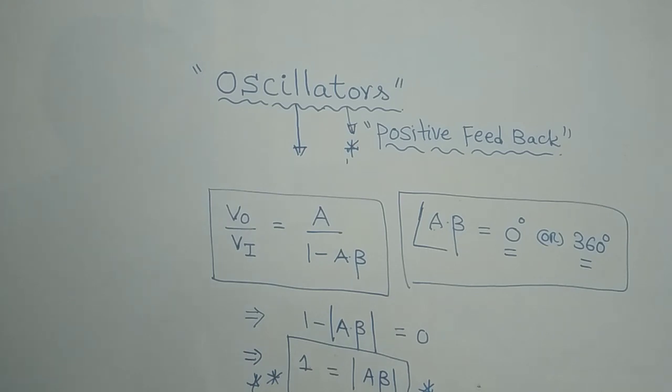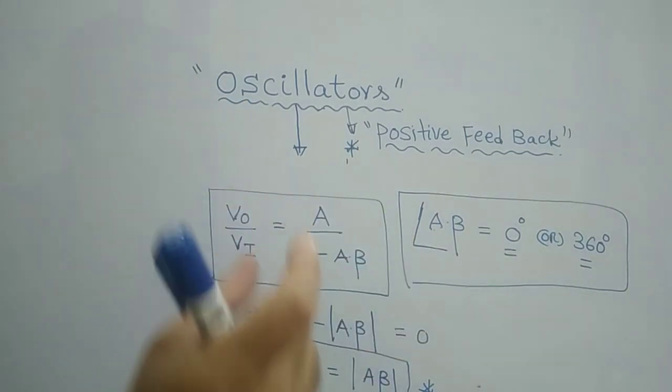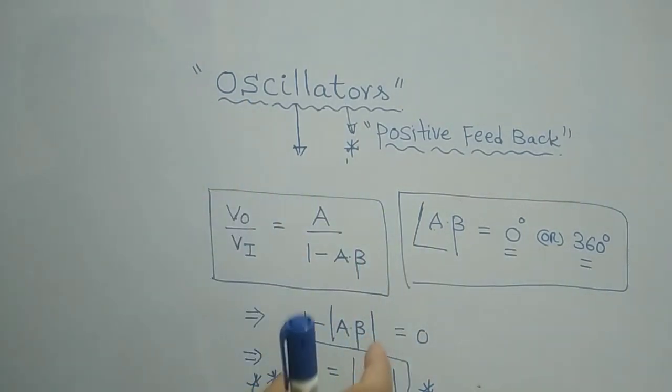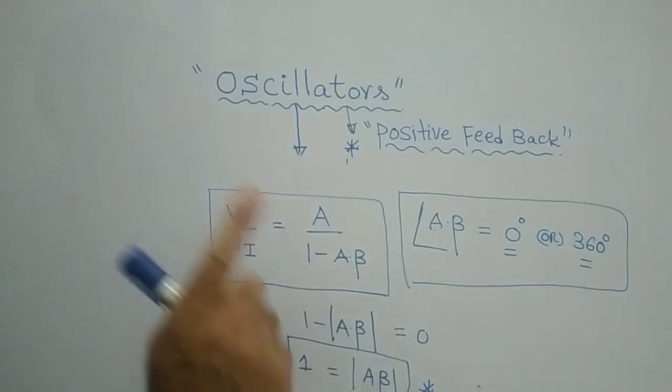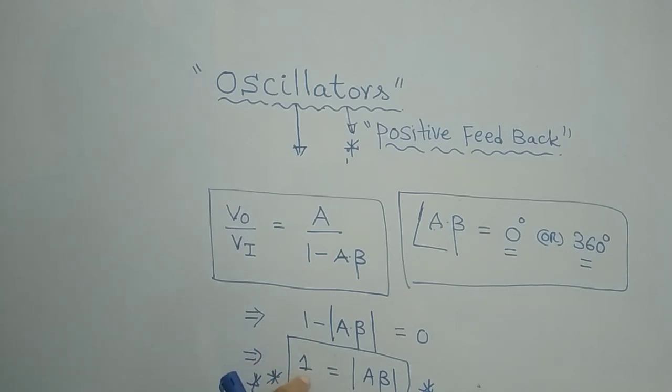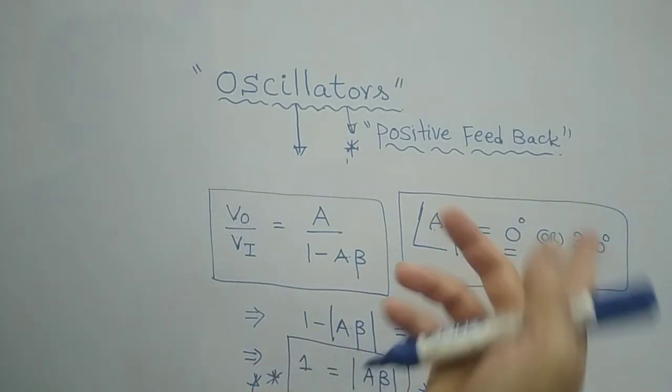What is the Barkhausen criteria? The criteria says that the product of the amplifier gain and feedback gain must equal 1. So you must select the gain of the amplifier as well as the gain of the feedback factor in such a way that if you take the product of those two gains, you must get the value 1. If it is satisfied, automatically your angle will be adjusted to either 0 degree or 360 degree.